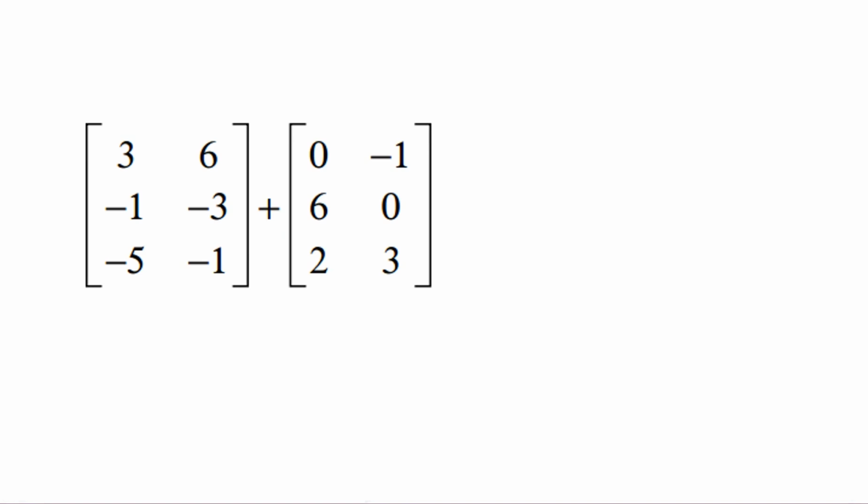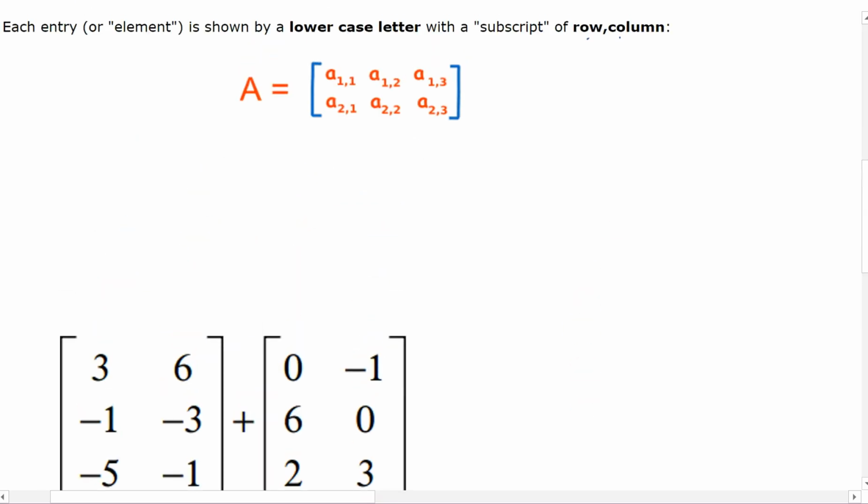Okay, so here's the deal. We're going to start with adding them. Now, this is defined by addition. What that means is I couldn't take a 2, 3, 1, 6 and try to add it to a 1, 4. They're not equivalent. This is a 2 by 2. This is a 2 by 1, 2 rows, 1 column.